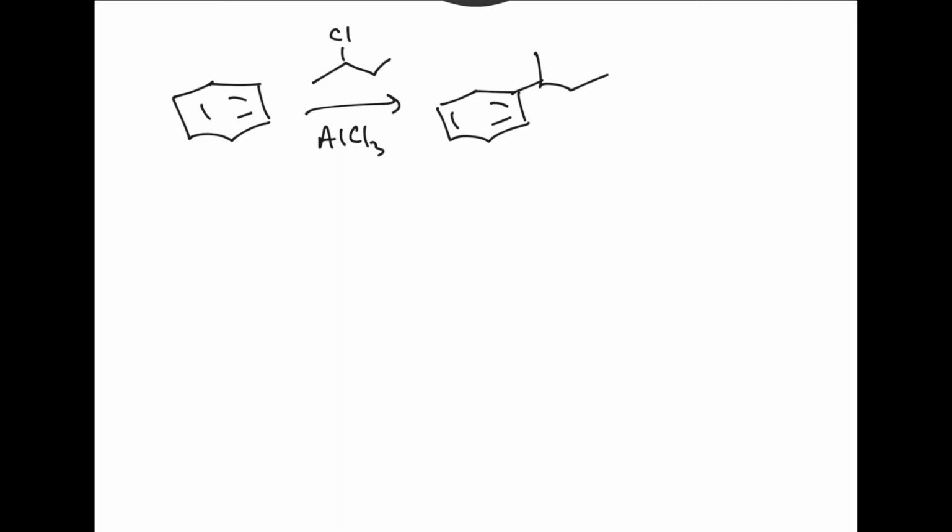So we can't use primaries because they always do something a little wacky. Then there's methyls, and methyl halides actually work really well, right? But they go through a different mechanism.